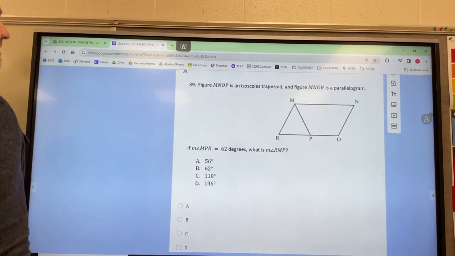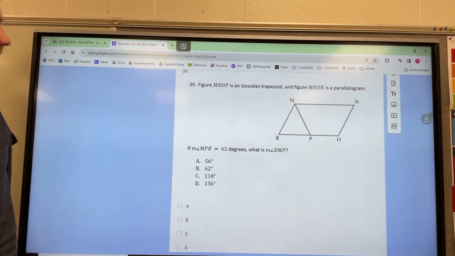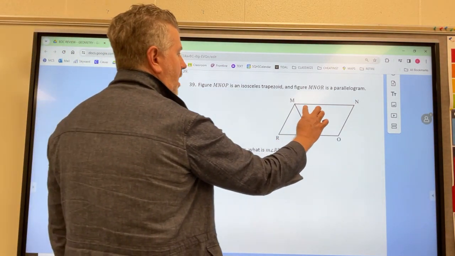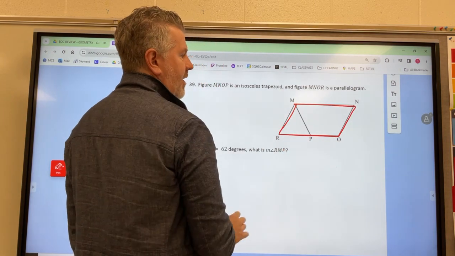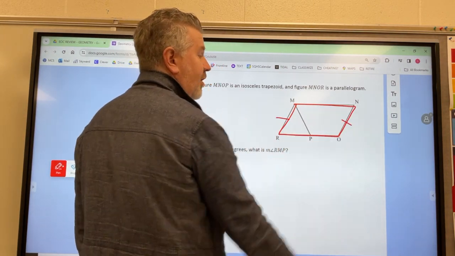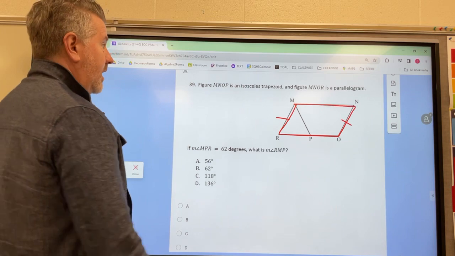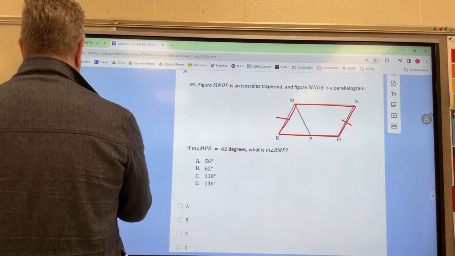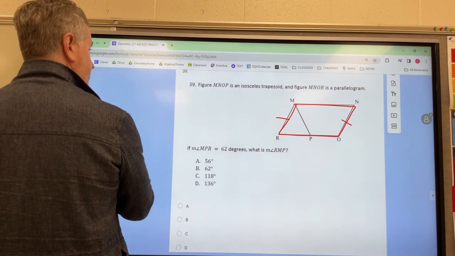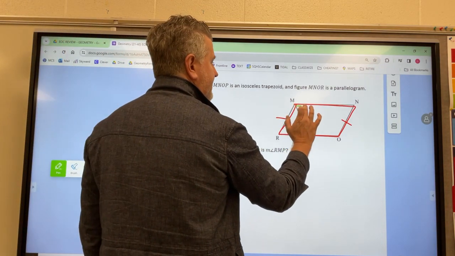Figure MNOP is an isosceles trapezoid, and figure MNOR is a parallelogram. So that's a parallelogram. That means that that side and that side are congruent, okay? And the trapezoid is, let's go with green on that one, the trapezoid is this part.